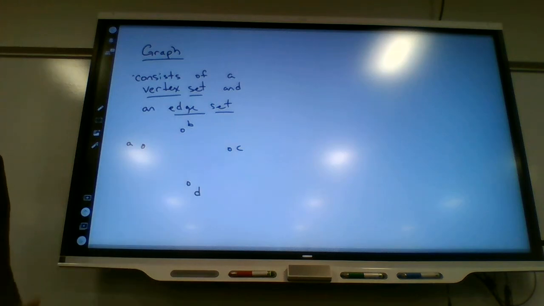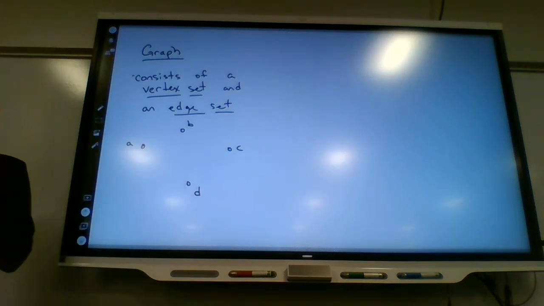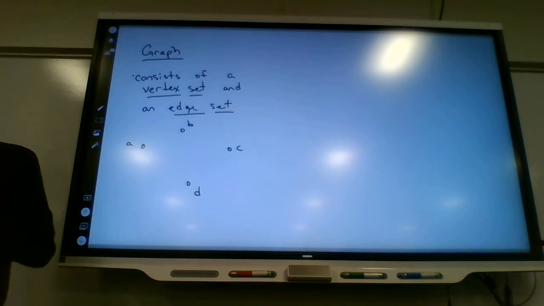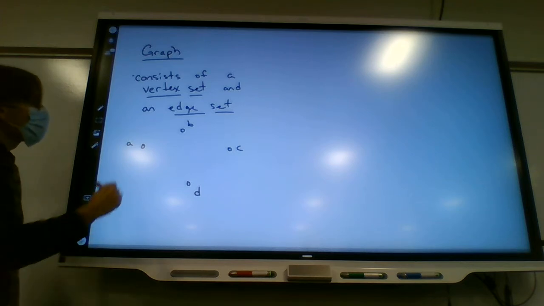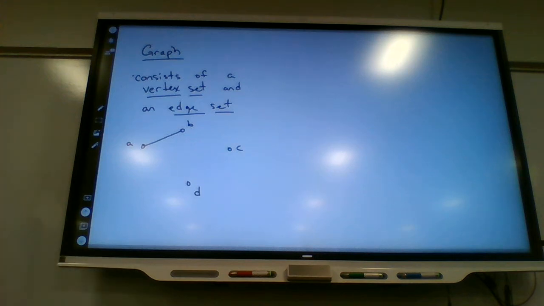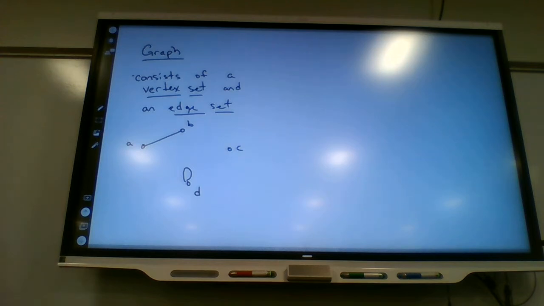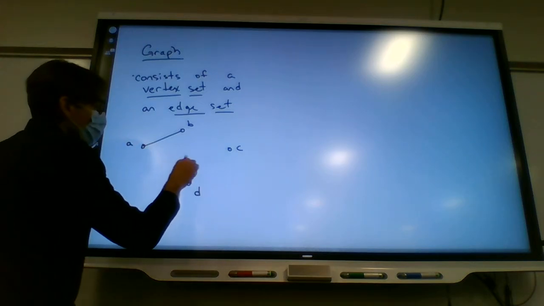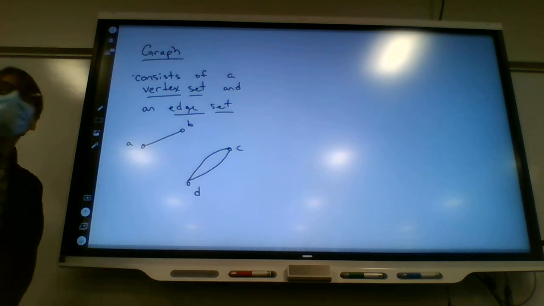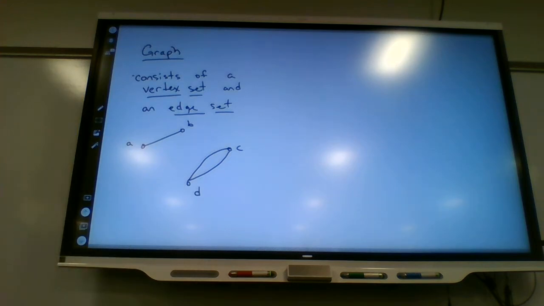And an edge is just, we're going to draw it as a line, maybe not even a straight line, but a connection between two of our dots. So this could be an edge. Depending on limitations that we put on our edge set, we might allow things like this, which are called loops. So an edge, the pair consists of the same vertex twice. We also may allow multiple edges between the same pair of vertices.